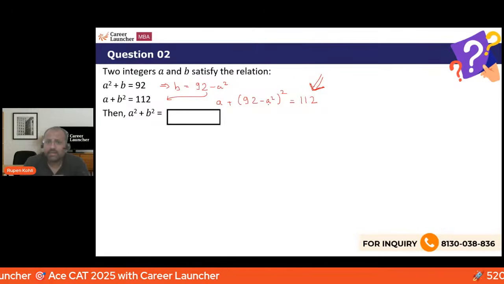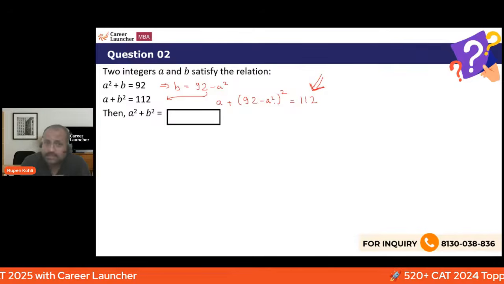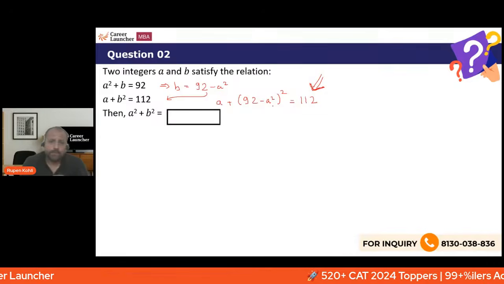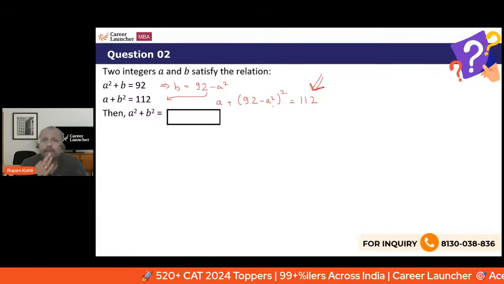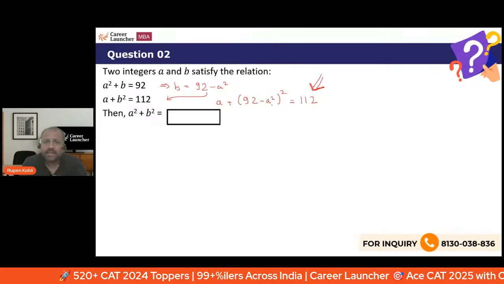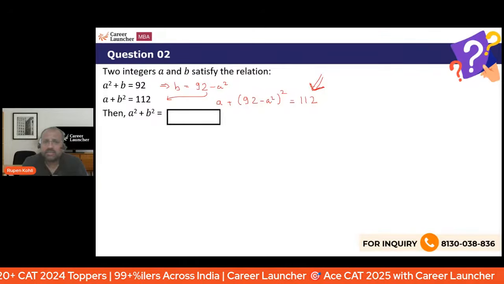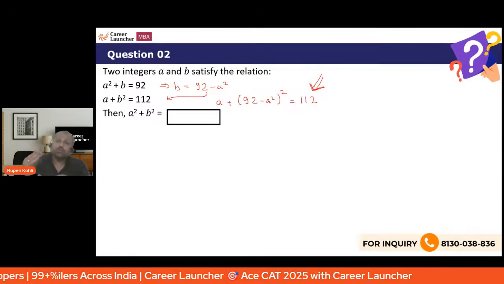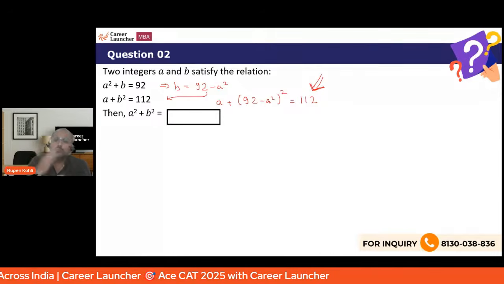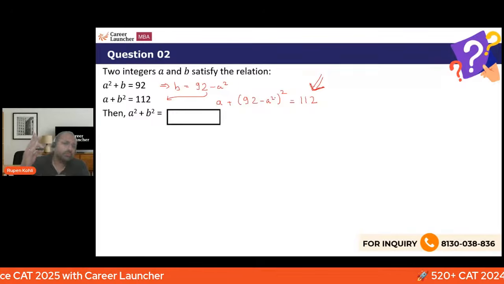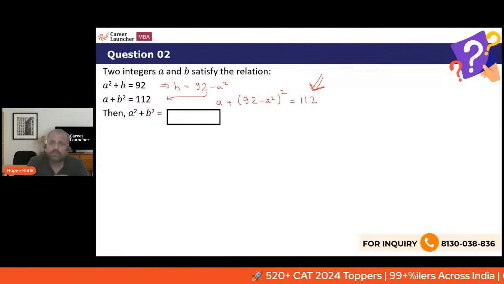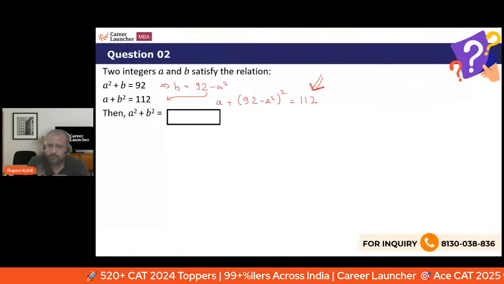What can I assign as the value of a, let's say? Let me try to see what maximum value I can put for a. 92 minus a square, the whole square, should not be crossing 112. A certain perfect square should not be crossing 112, so the number inside the perfect square should be less than or equal to 10.